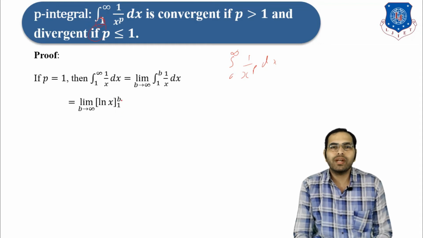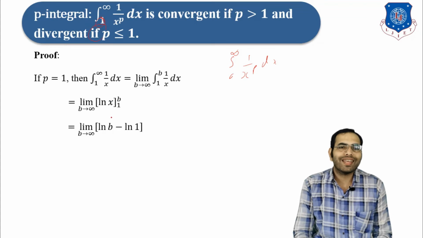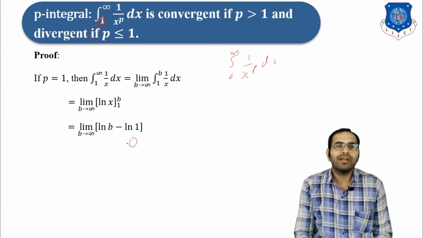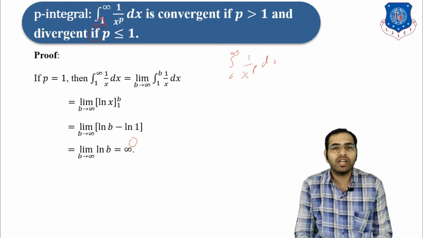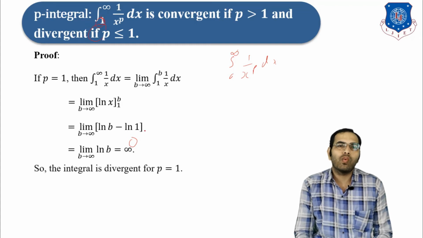Substituting the limits, upper limit minus lower limit, gives limit b tends to infinity ln b minus ln 1. The value of ln 1 is 0, so limit b tends to infinity ln b. Now substituting b as infinity, ln infinity is infinite, so our integral becomes infinite, means the integral is divergent for p equal to 1.